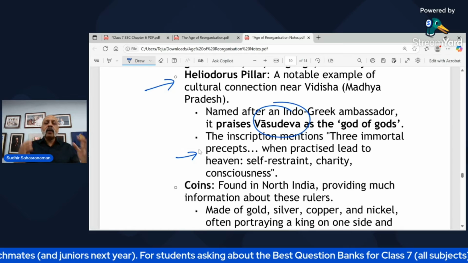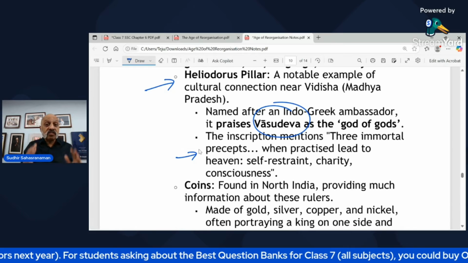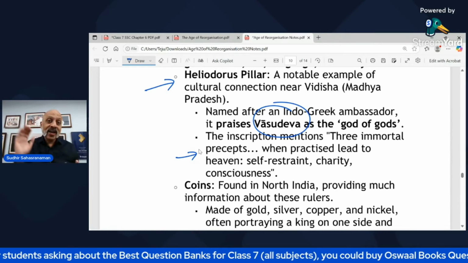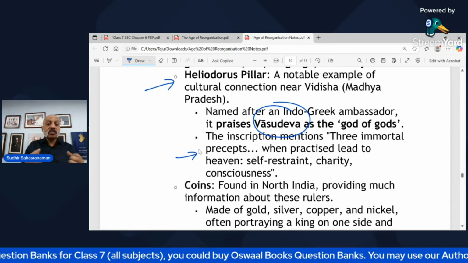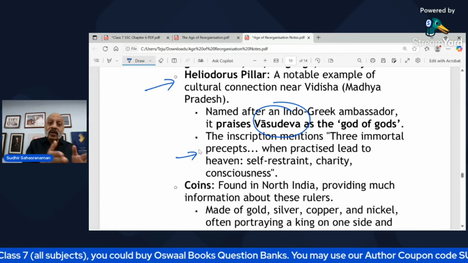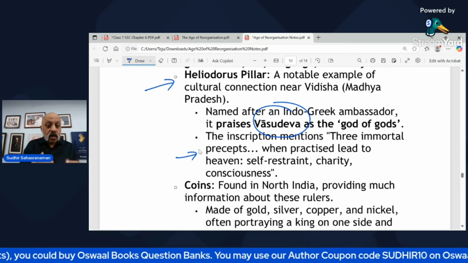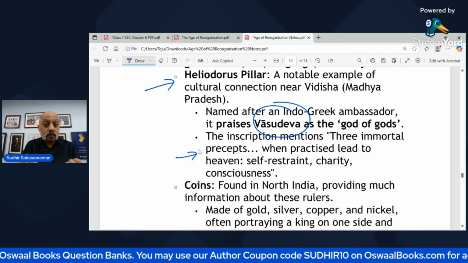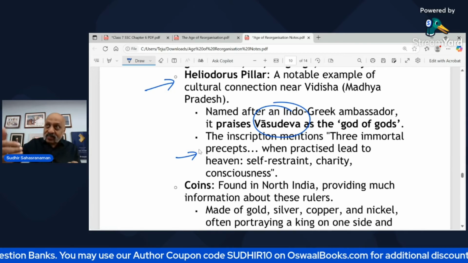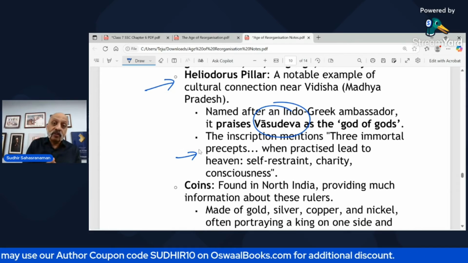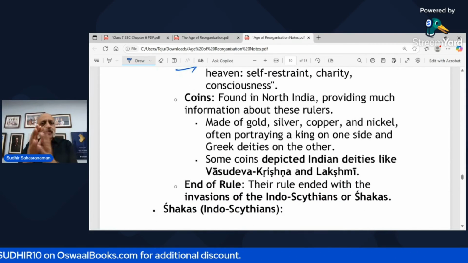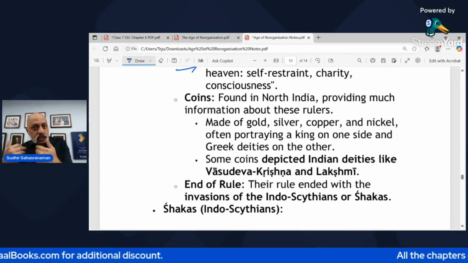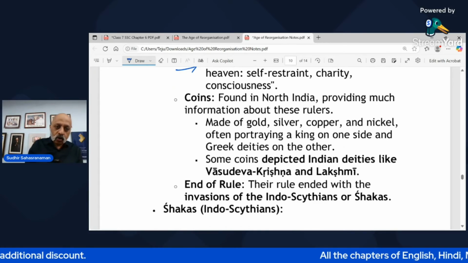If I'm getting angry, I control myself, I restrain myself, I do not exhibit my anger. I do charity, and I'm very conscious of what is good and what is evil, what is bad, etc. So these are the immortal precepts, which if you practice, you would actually go to heaven after you are dead. So it's almost like a bit of the Bhagavad Gita, which Lord Krishna gave to Arjuna on the battlefield in Kurukshetra.